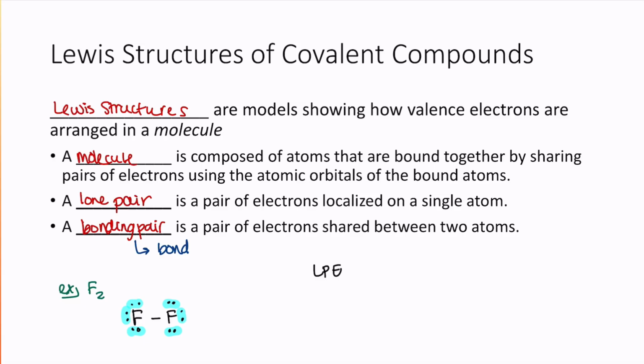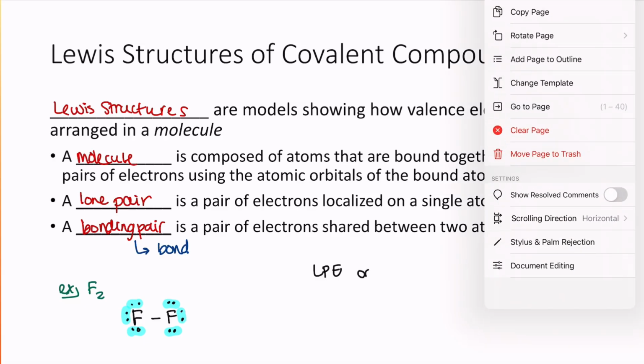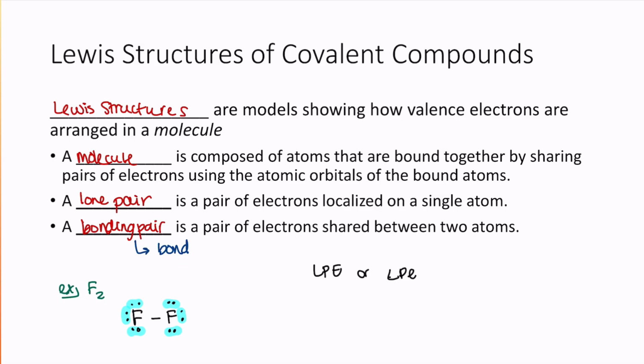So LPE or LP, either way, lone pair electrons, those are on the individual fluorine atoms. So they're not being shared between the two atoms, they're just on that localized atom.